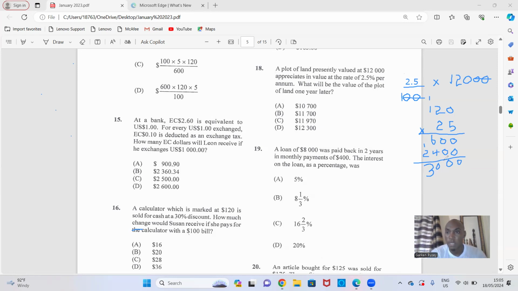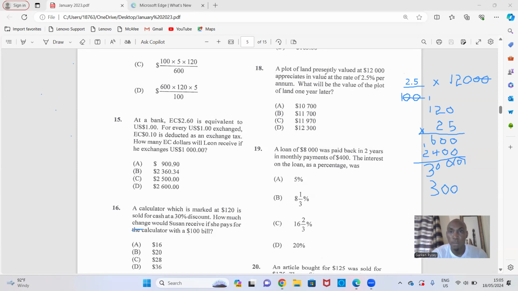So this is not the final answer. Remember, we multiply by 25. So we have to now put back that 1 decimal to make it 2.5. So when I put back the 1 decimal in my answer, it's no longer 3,000, it's going to be 300.